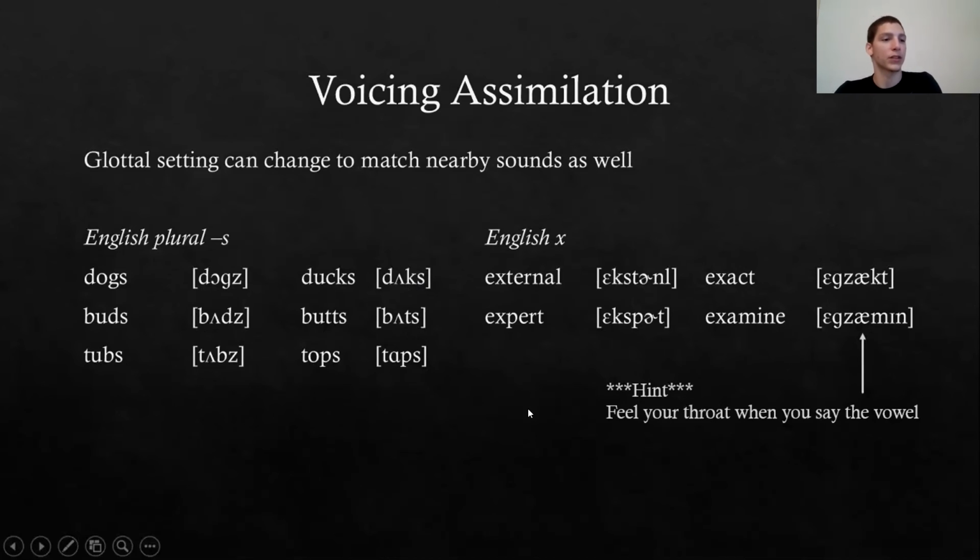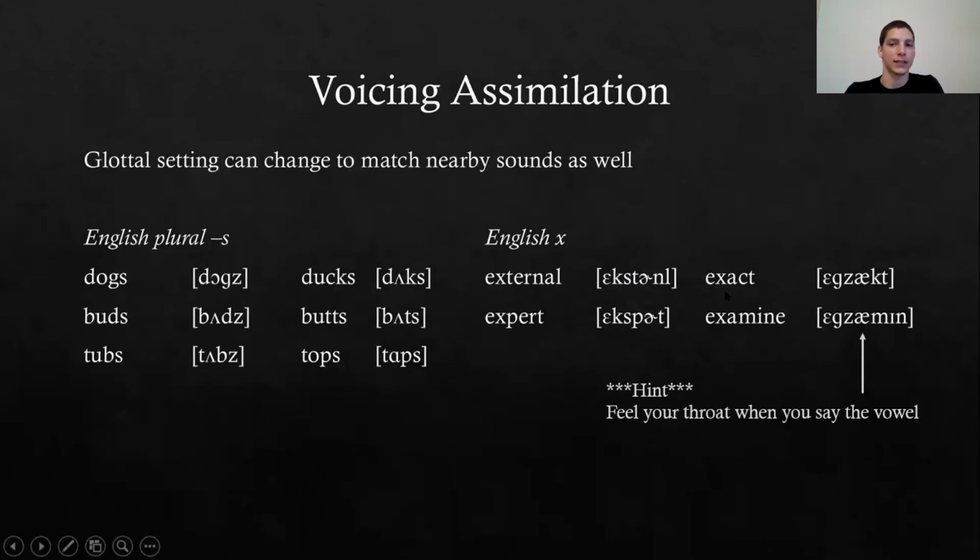We also have this happen with the letter X, where we get the sound combination KS. If the sound after it is voiceless, then we pronounce X like "ks." So "external" and "expert" are voiceless combinations because the sound after it is voiceless.